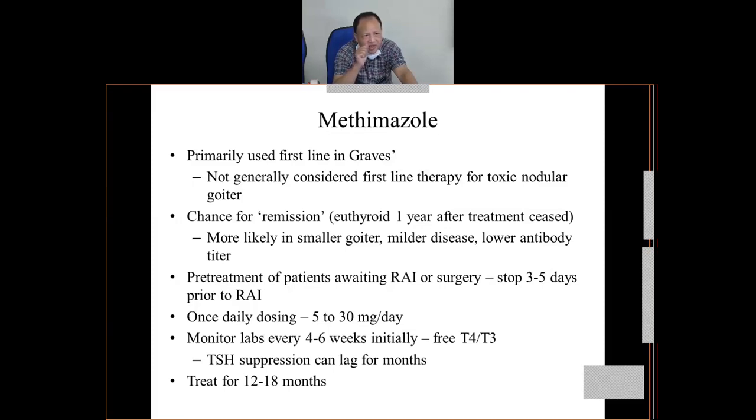However, in pregnancy, where we want to know the level earlier, we do it every 4 weeks. The first change that you see is not the TSH, it is the reduction in free T4 and T3, but the TSH suppression usually takes a longer time to be seen. Treat usually for 12 to 18 months.